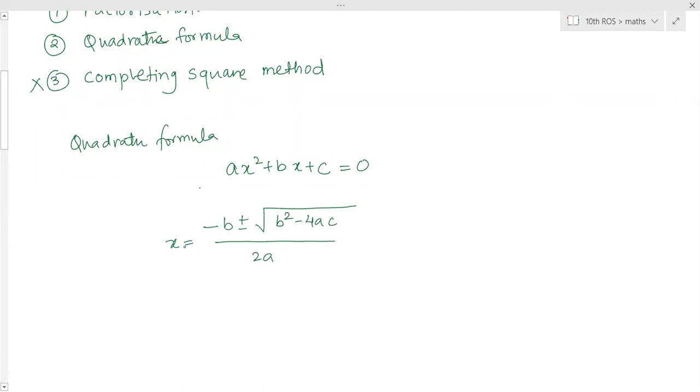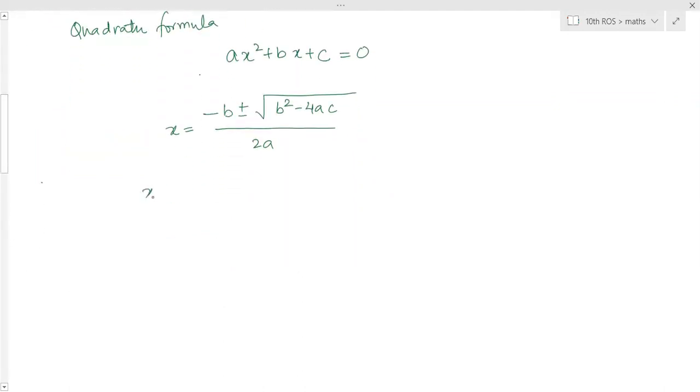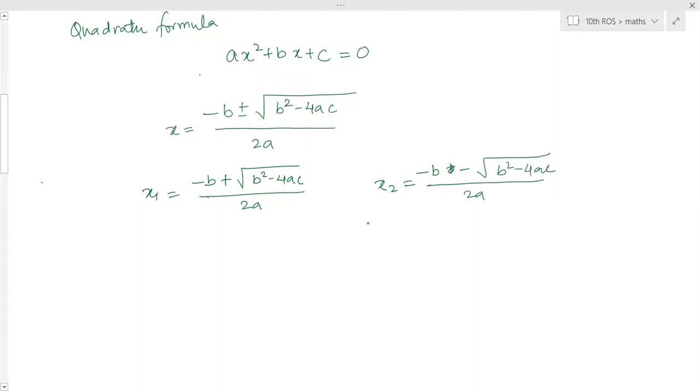So x1 is equal to minus b plus square root of b square minus 4ac by 2a, and x2 is equal to minus b minus square root of b square minus 4ac by 2a. These are the two values x1 and x2 of the equation.